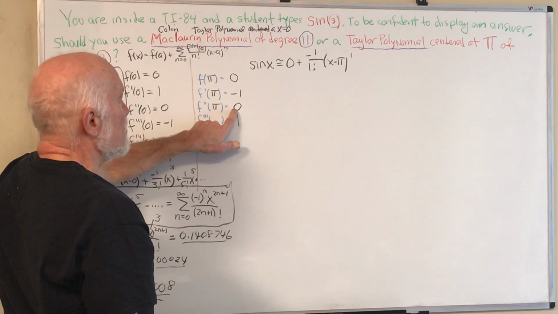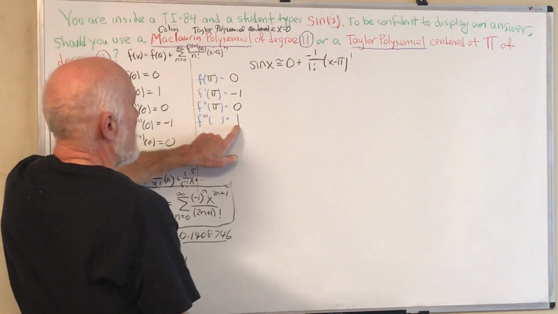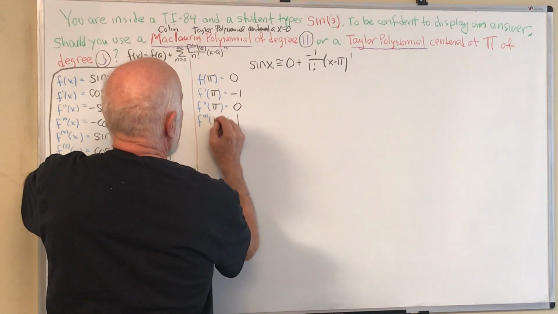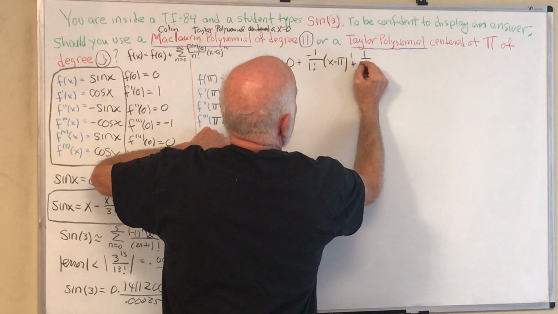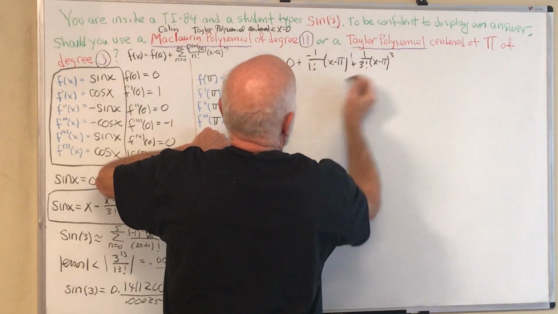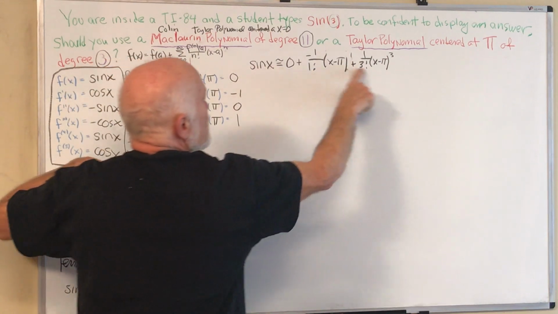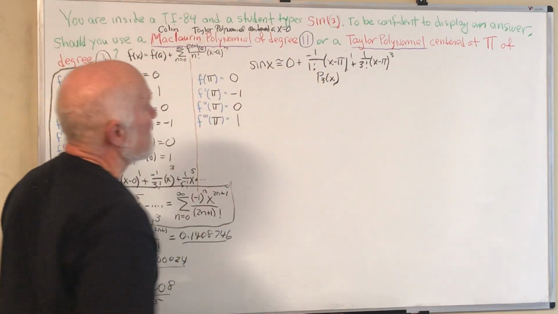And then we'd have another 0 for the second power, and then we're back to 1 again. So we have plus 1 over 3 factorial times x minus pi cubed. So that would be the third degree. This would be P3 of x.